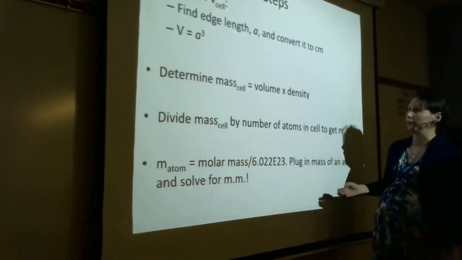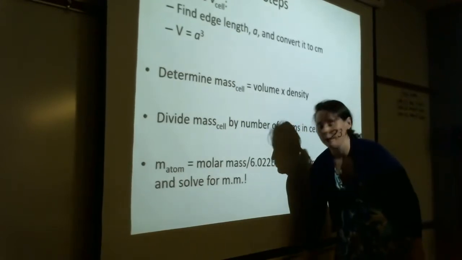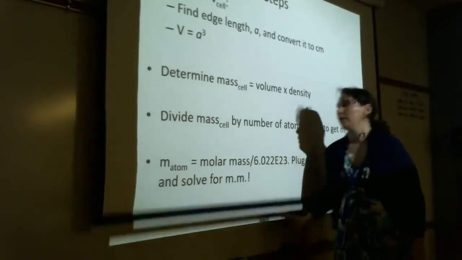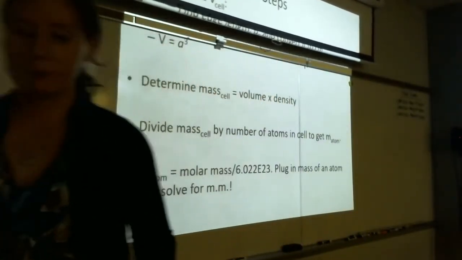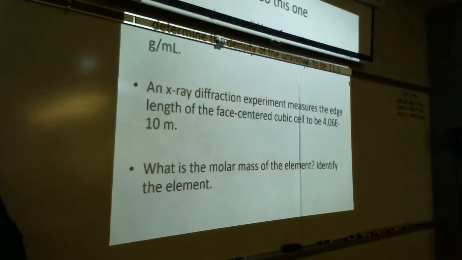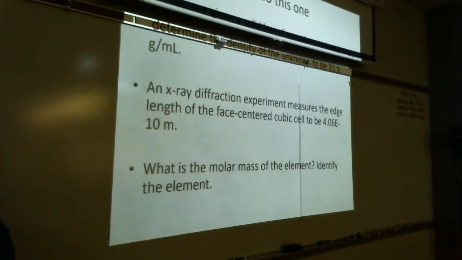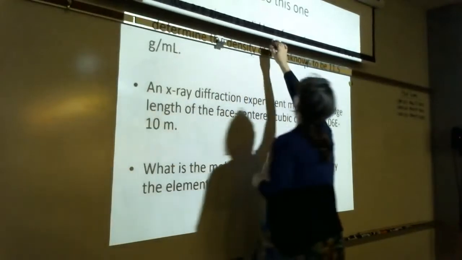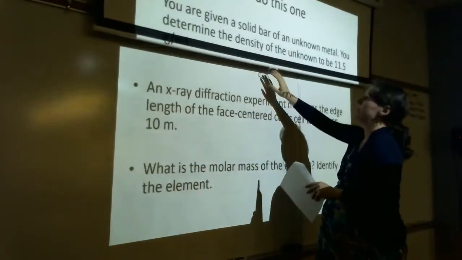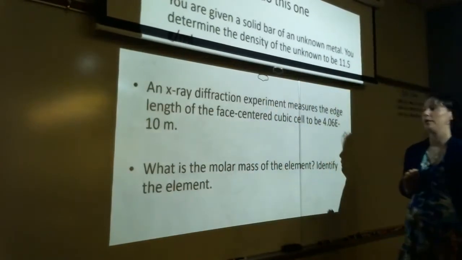So let me go through one like this, and then I've got enough time for you to try one too. It'll just work out perfectly. So you're given a solid bar of an unknown metal. You determine the density of that unknown metal to be 11.5 grams per milliliter.